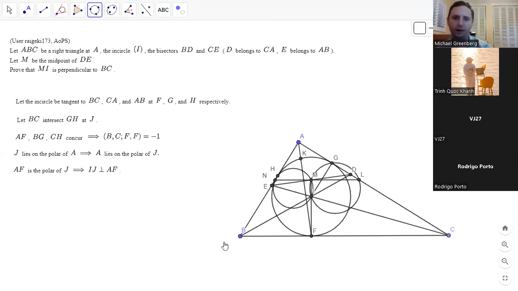Oh no, AEI would be tangent to BB. So yeah. Wow, this is tricky.